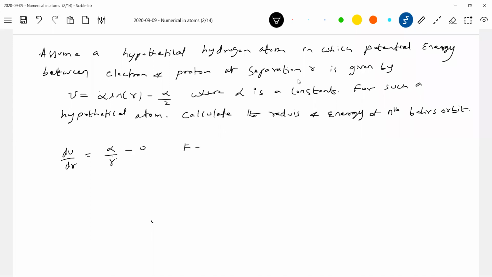And we know F equal to minus dU by dr. So let me write here. So this will be F equal to minus dU by dr. So this particular force will provide the required centripetal force. I think I should not show, but still to make you understand, I'll give a basic diagram in which potential energy between electron and proton.